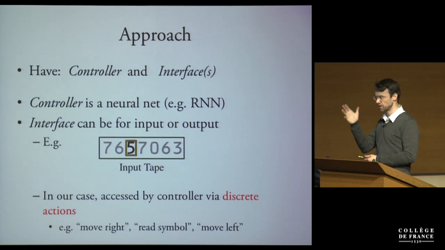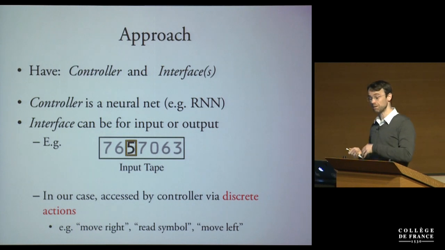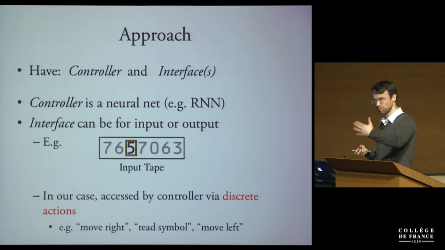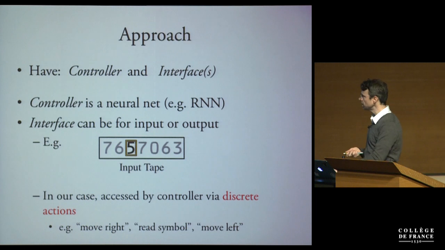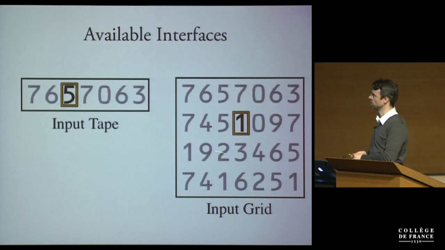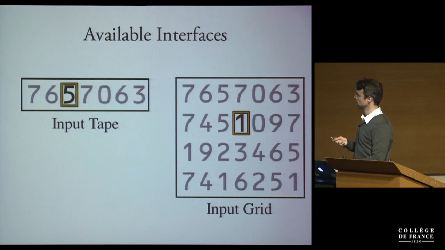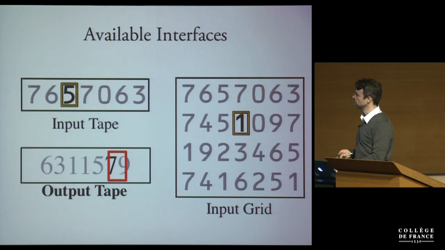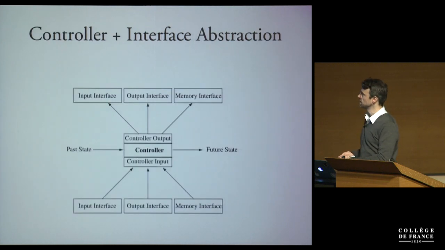Those are discrete actions that we have to take. And obviously we need to take multiple actions in order to produce an output symbol, which is going to make the problem hard. This is just to show you different sorts of interfaces we might have: a 1D one, a 2D one, and then the output is always just a one-dimensional tape. Sorry, the red square has become misaligned.